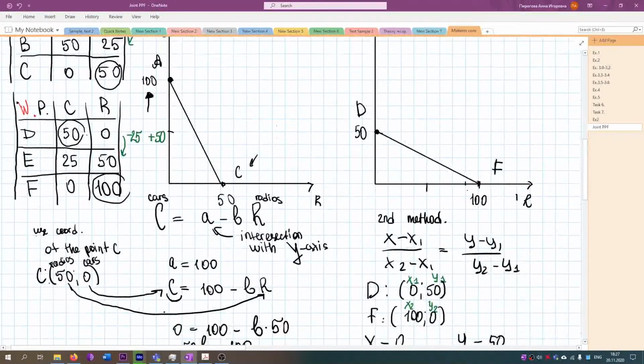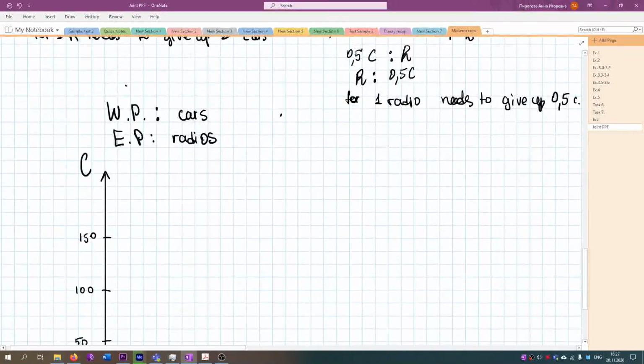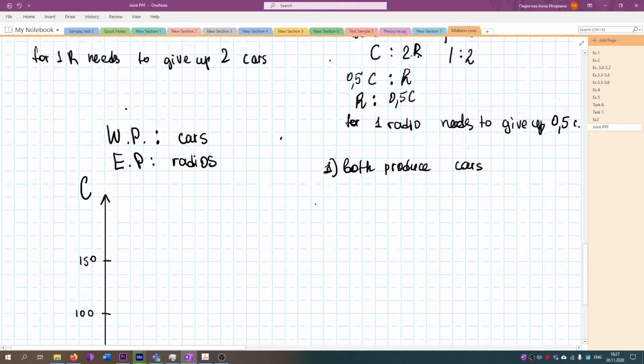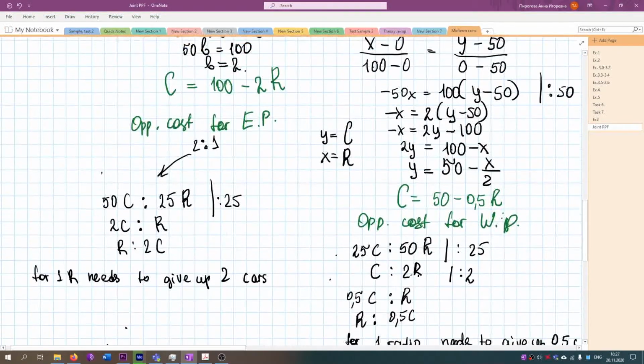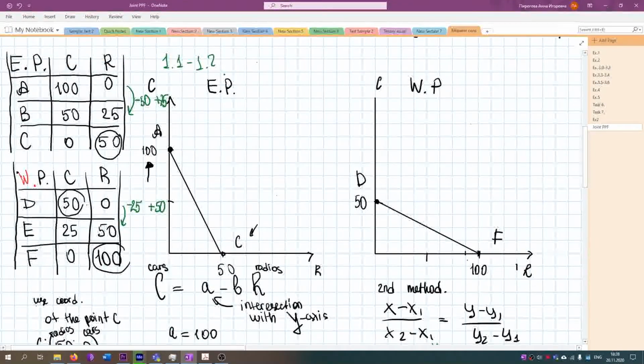So what will happen in the situation where both produce cars? So both factories work on car production. So how many units can we get?